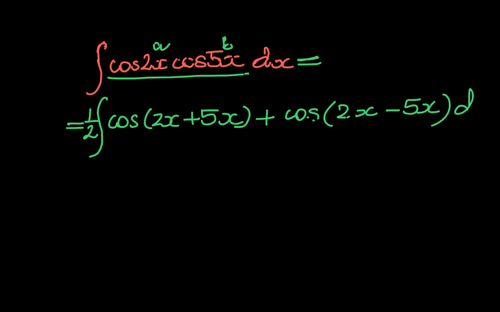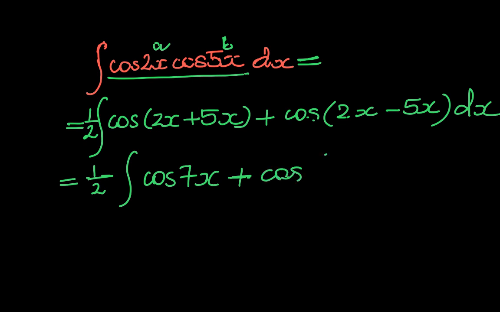All of this will be dx. Okay, so we've got a half times integral of cos of 7x plus cos of minus 3x, all with respect to x.